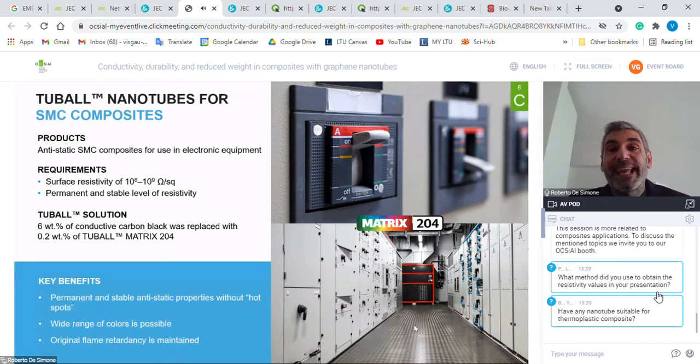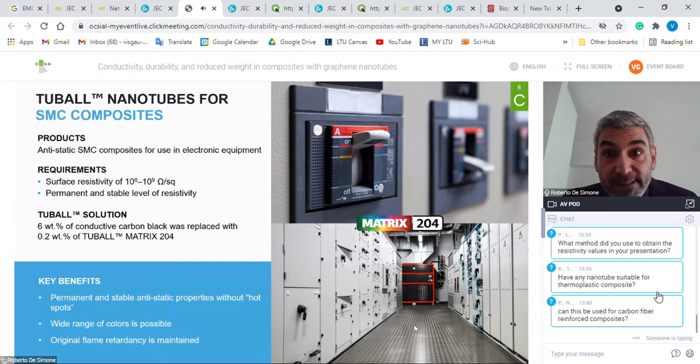So what we can get from using Tubal for electrical conductivity: the main benefit is the permanent and stable antistatic properties, stable and permanent during the life cycle of the system, without any hot spots inside. A wide range of colors, and obviously you can also keep the original flame retardancy, because Tubal cannot affect the flame retardant agent inside.